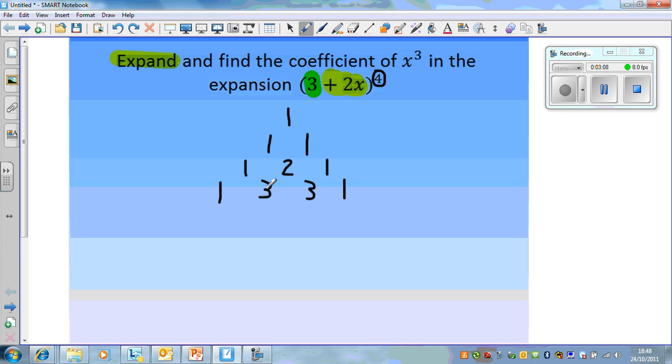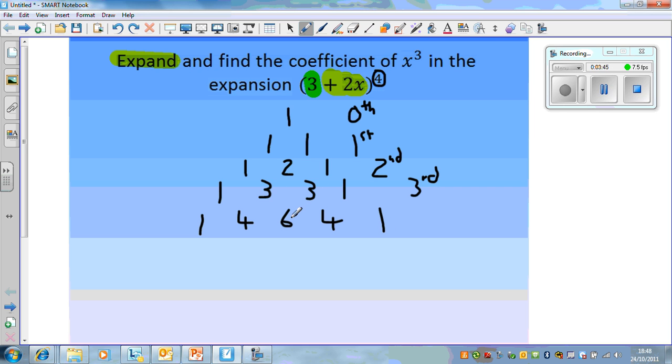So if this is the 0th row, this is the first row, this is the second, this is the third, so we need the 4th row because it's to the power of 4. We need one more, and it's going to be 1, 4, 6, 4, and 1, just from adding up the numbers, 3 plus 3 is 6.